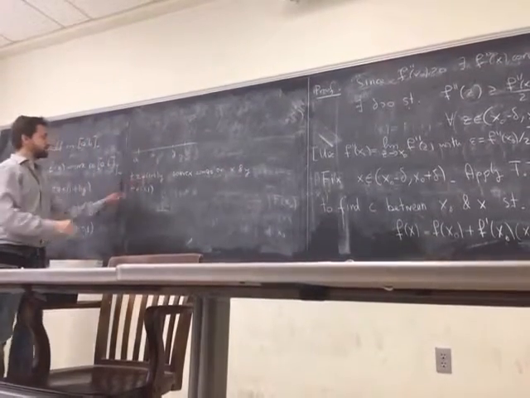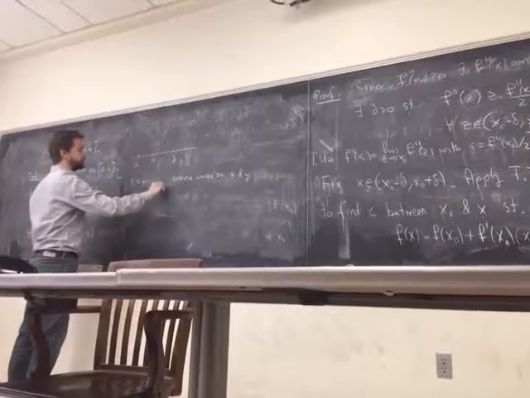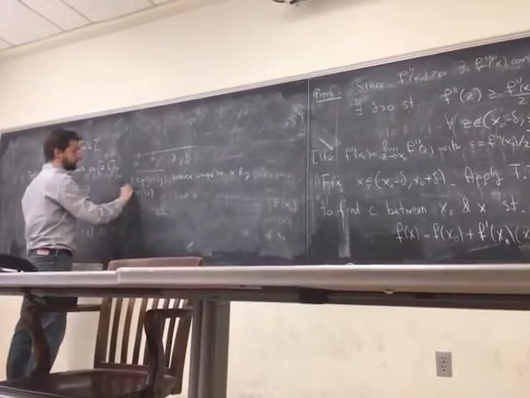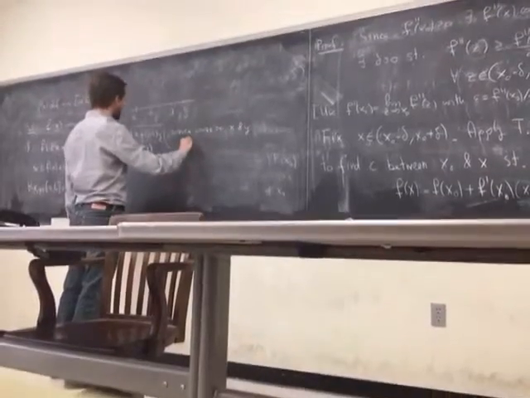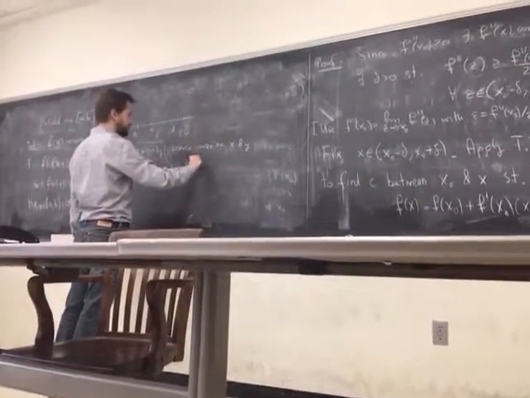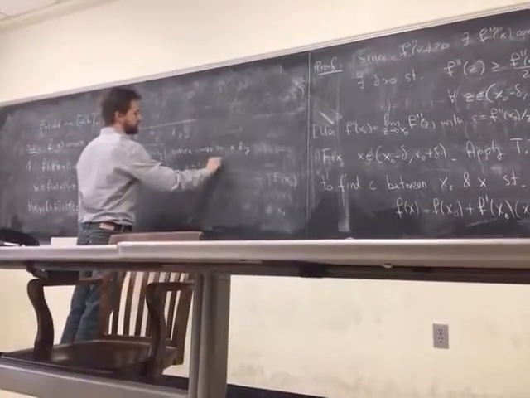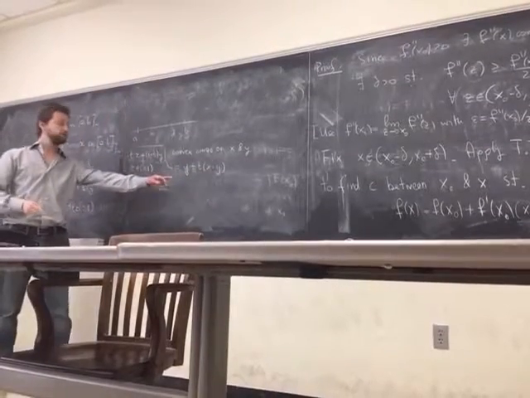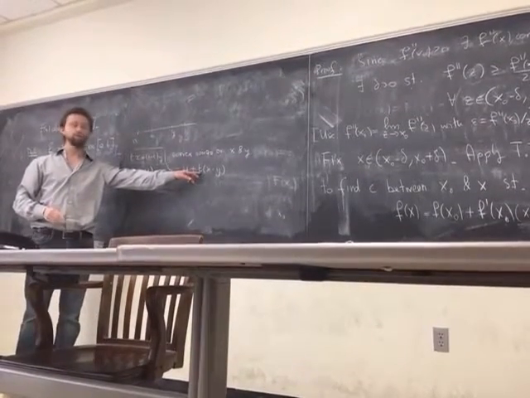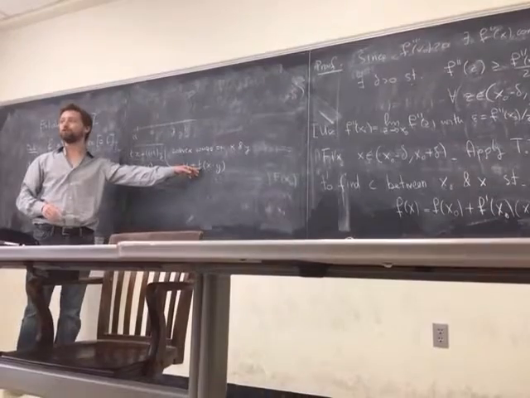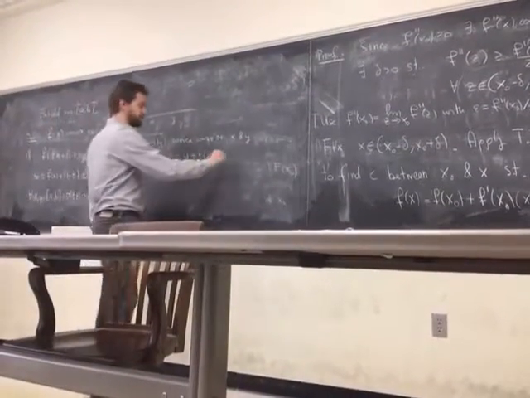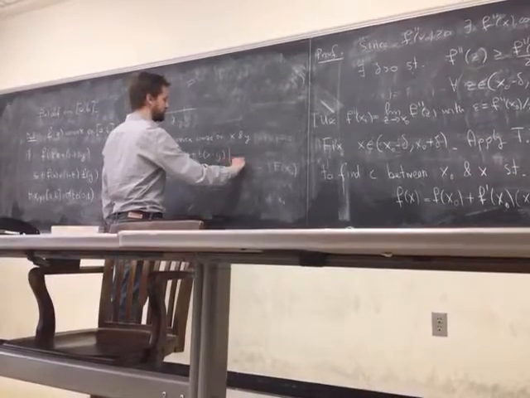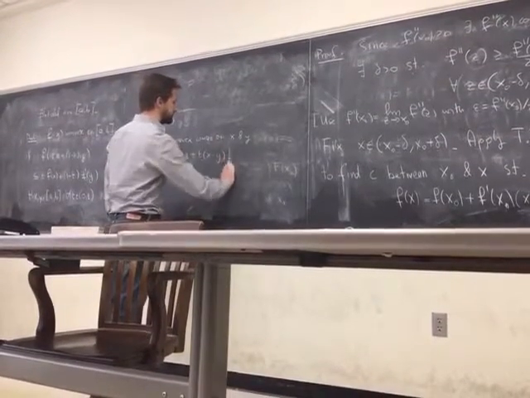Why the name? Because you see, if you take this formula here, another way of writing this is y plus t times x minus y, right? So for t equal to 0, you get y. For t equal to 1, you get x. Right?